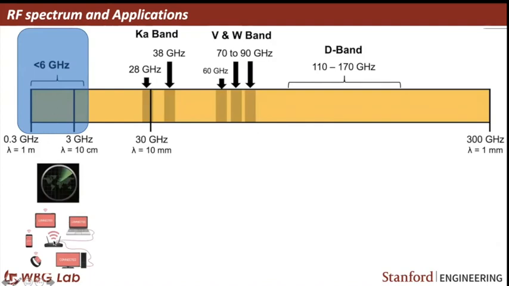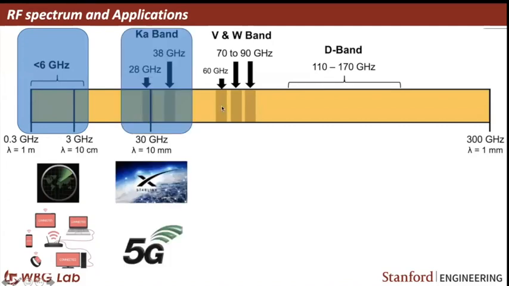For example, the mobile phone, the different Wi-Fi, the initial radar connections, all these are below 6 gigahertz. But there are more applications like 5G, something which we all talk about today. And there are also satellite communication, what SpaceX does, and satellite internet. All these belong to this range of frequency.